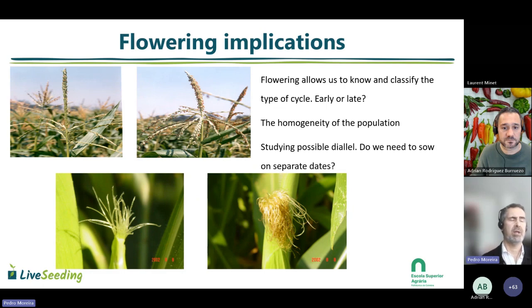To do that, we need to sow at different times in order to synchronize the male and the female. So it's possible that we need separate sowing dates for doing these crosses. And for all these studies, if we are crossing different inbred lines or even populations, we can have hybrid populations. You need to know what the flowering time is.